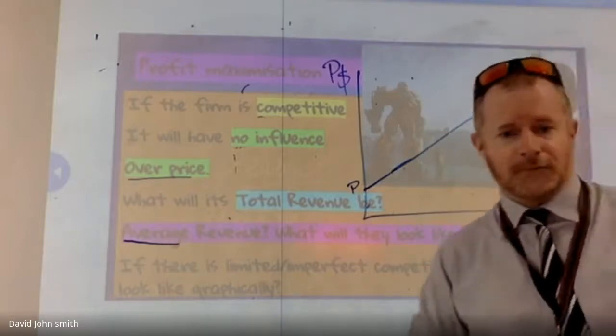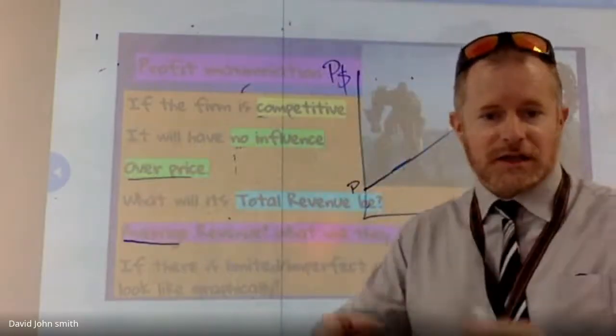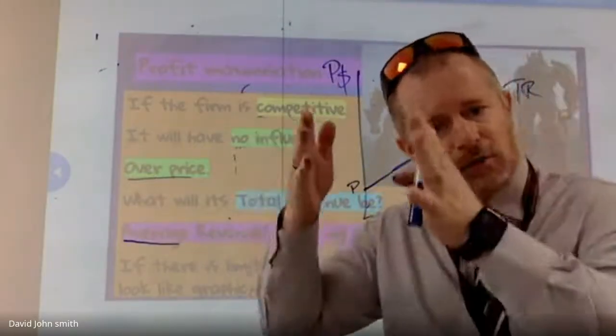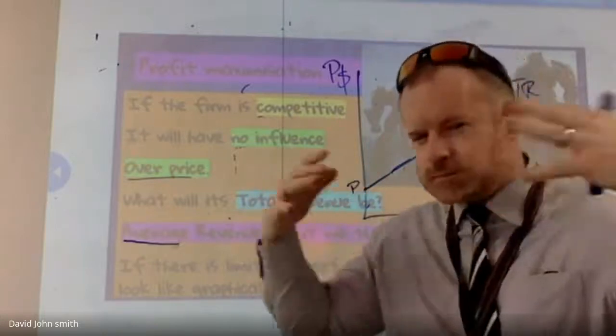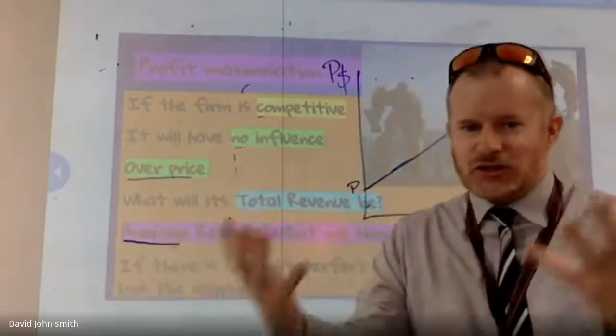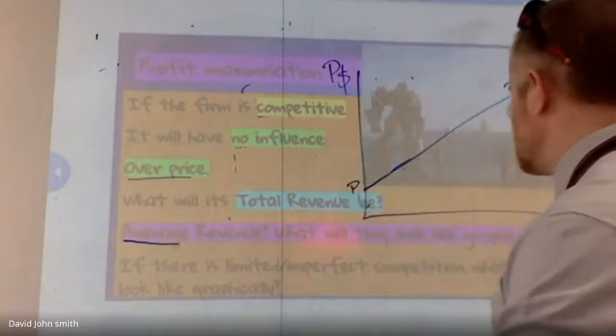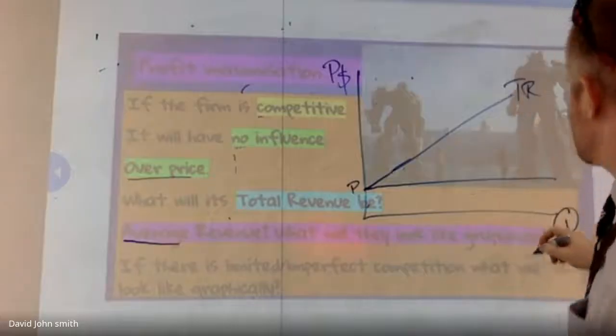What's it going to look like graphically? Would it just be constant? Yes, like a straight line? It will be constant, well done, Darwish. It'll be a straight line. Any other descriptors? Horizontal? Horizontal straight line. Fantastic. At the price level, like that.